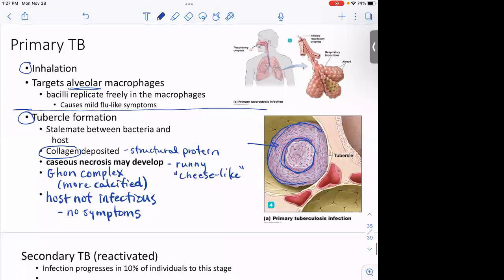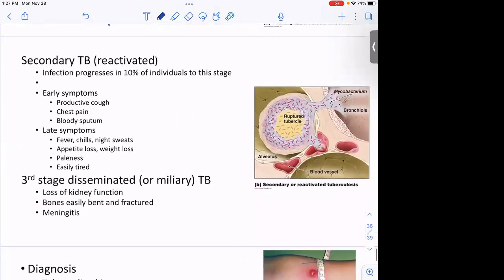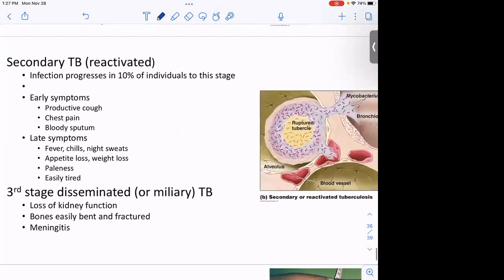At some point later in life, though, those live bacteria in the center can break out. That typically would happen if a host becomes immunocompromised due to maybe some other infection or a cancer diagnosis, or they just come to a certain age when their immunity wanes enough that it can happen.